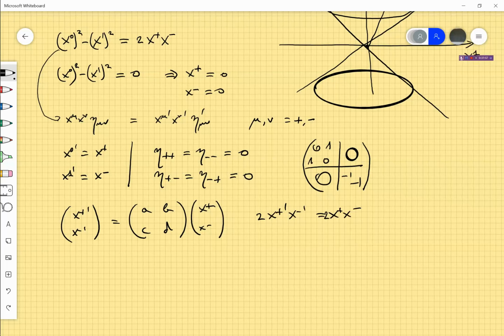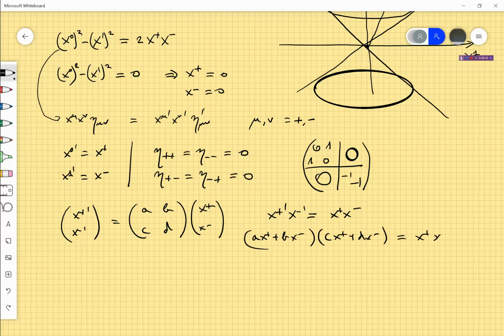Of course, the factors of 2 do not matter, so we only want to study this relation: (a x plus plus b x minus) times (c x plus plus d x minus) equals x plus x minus.